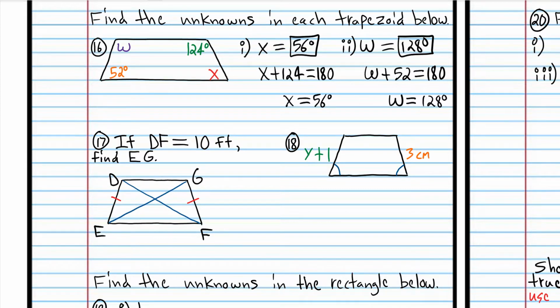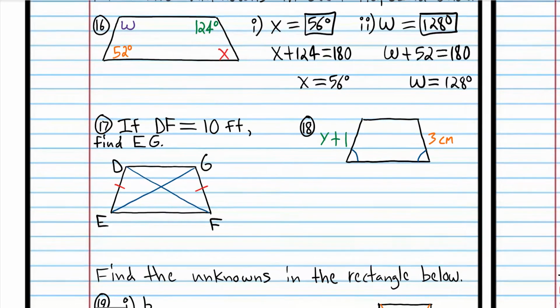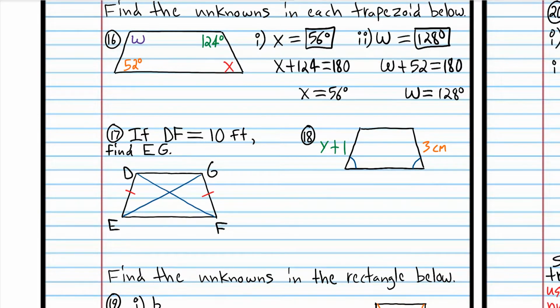All right, we're back. This is an isosceles trapezoid. Now, how do I know that? Well, because it tells us these sides are congruent, because they have that red mark there. So this is an isosceles trapezoid. That's the definition of an isosceles trapezoid, when the legs are congruent.